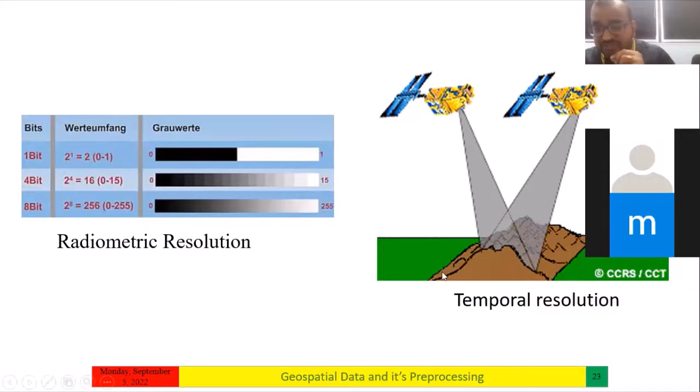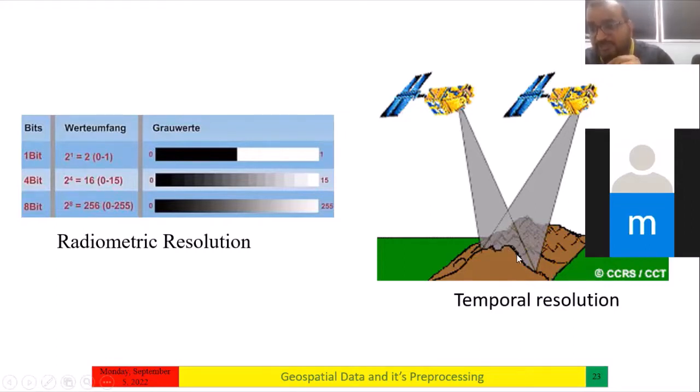The next one is temporal resolution. Temporal resolution talks about the time period, or the number of days, after which the same geographical location will be revisited by the satellite. Here I have shown a figure where the satellite generates the same image after certain days, when it passes through the same position.